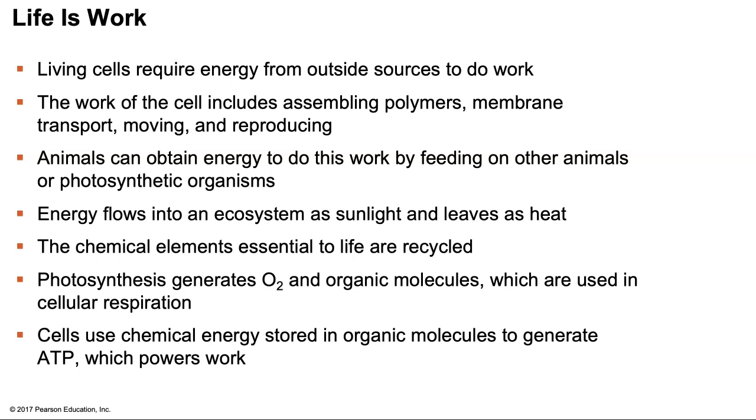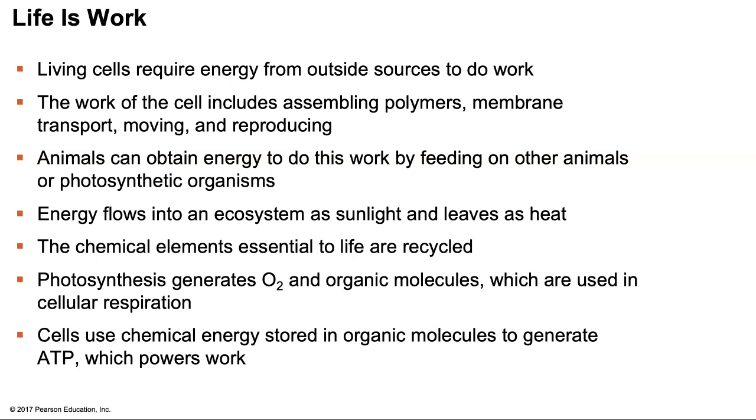Animals in particular, we obtain energy for our work by feeding on other animals or photosynthetic organisms. Photosynthetic organisms would just be plants, right? So we eat rice and wheat and beans and vegetables. So that's where we get our energy from, so that our cells can do their 3 types of work.